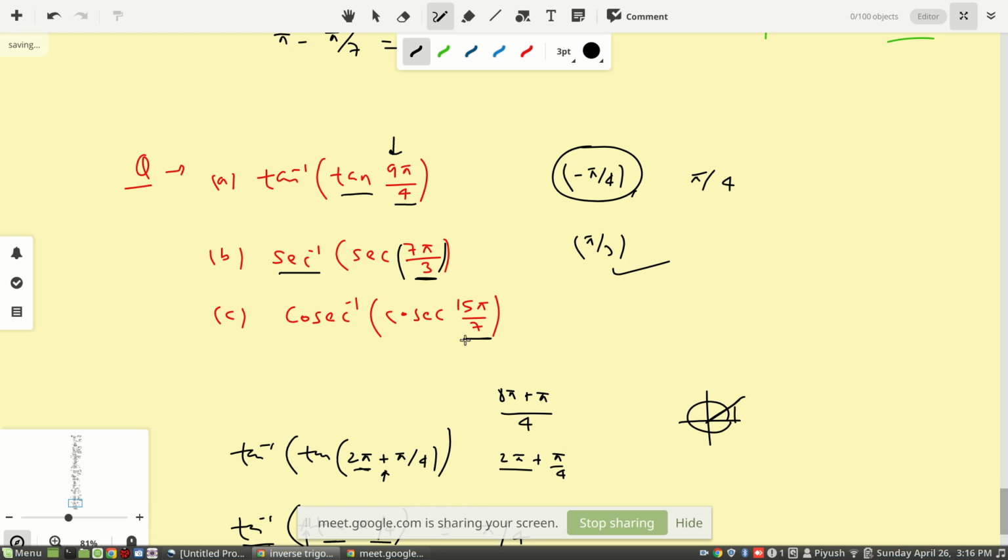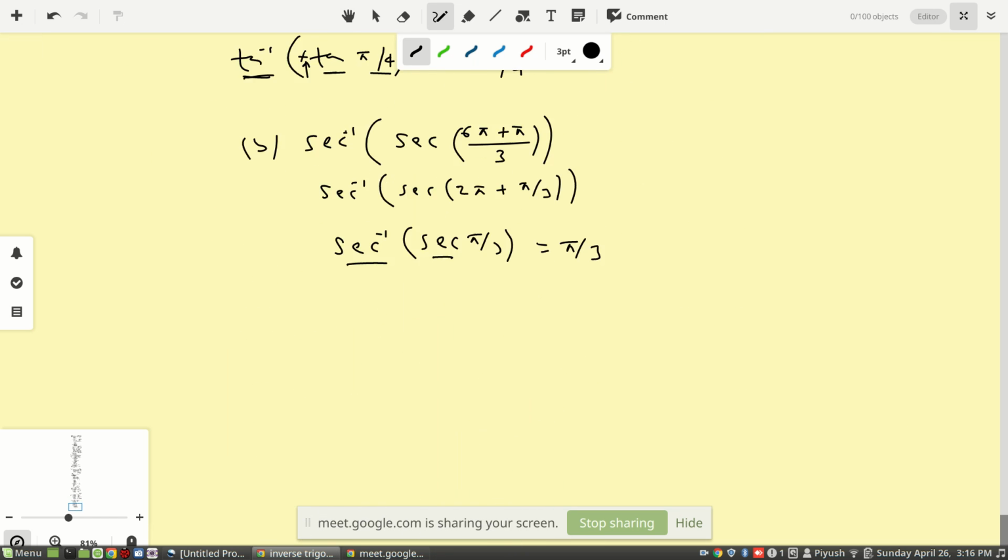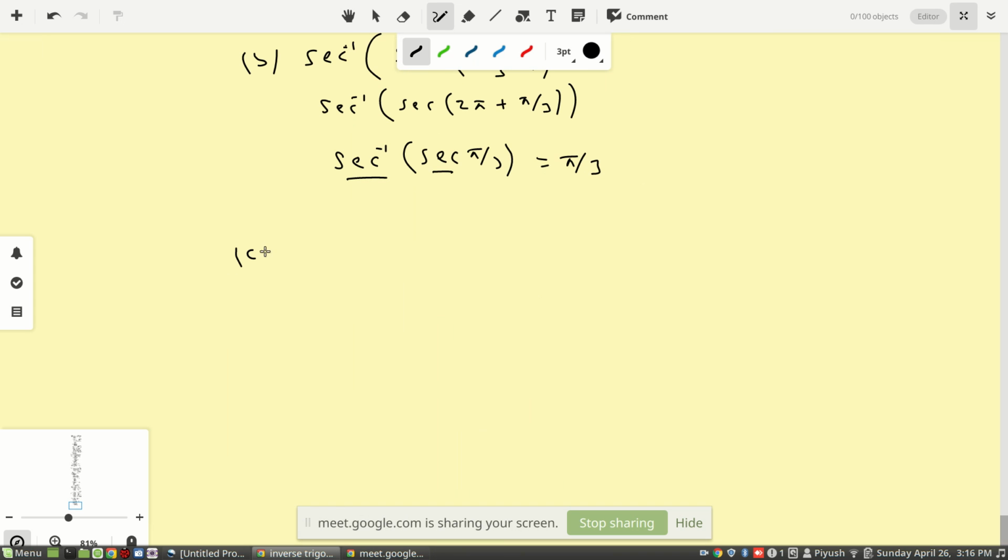Now coming to the third one, again we have to work on this angle, 15 pi by 7, and this is cosec inverse. So it is cosec inverse of cosec 15 pi by 7. Now 15 can be written as 14 plus 1, so 14 pi plus pi divided by 7.